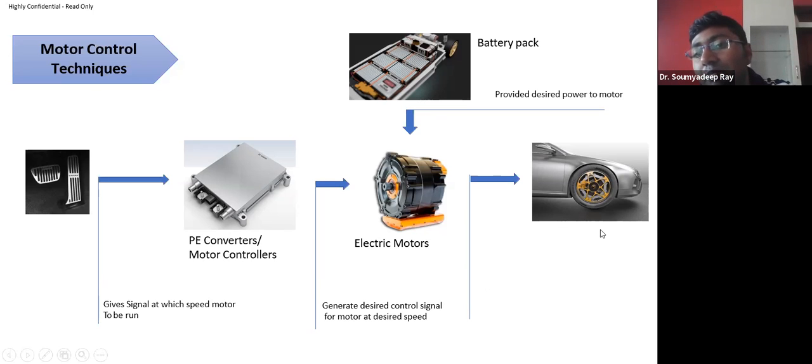Whenever the driver presses the brake, the energy generated in the brake mechanism is fed to the battery and recharges it on the go. This improves your efficiency. This kind of technology and control algorithm you can obviously develop.